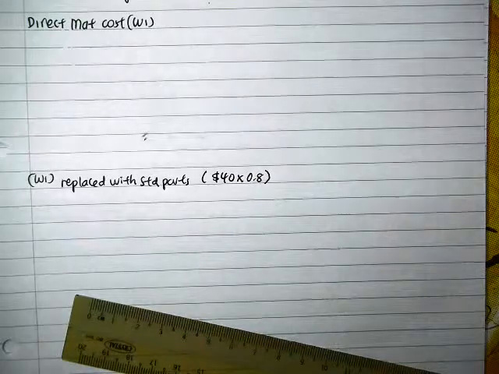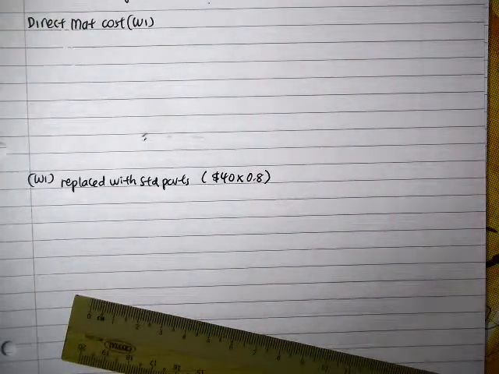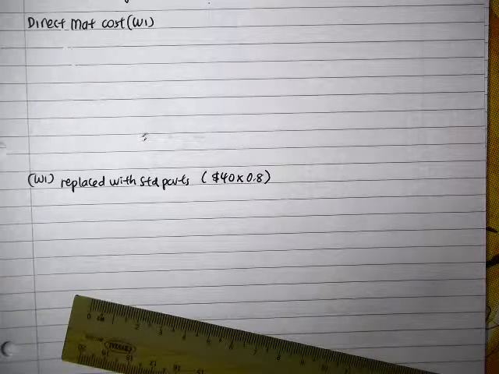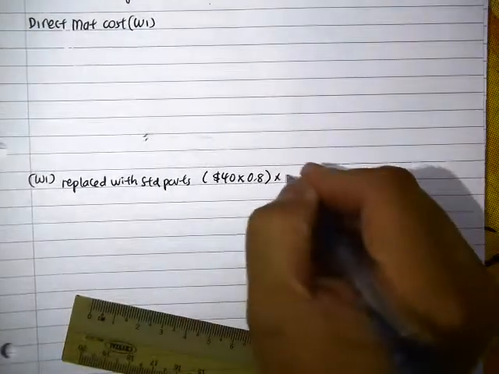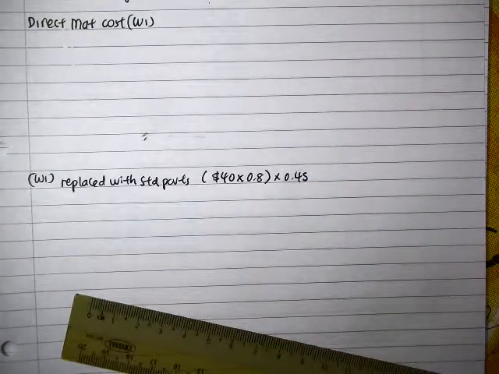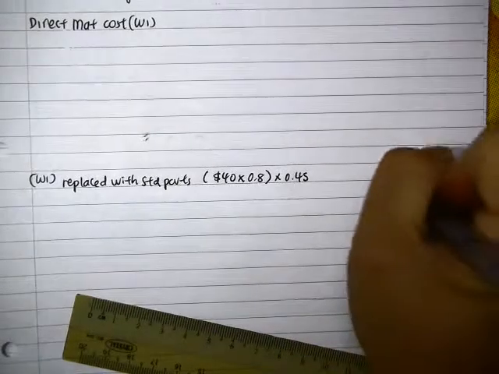Now after you replace, it will cost 55% lesser. That means it's 0.45. So 32 times 0.45 is 14.4.